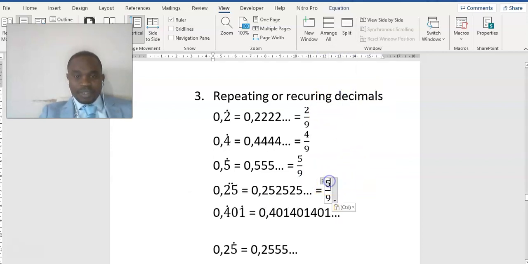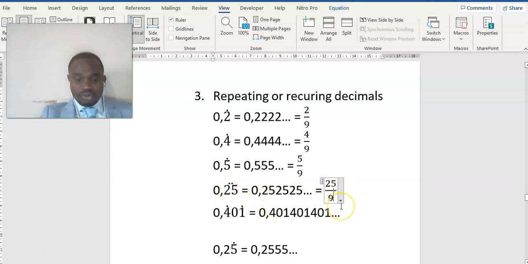The dot is at the top on 2 and 5, né? It's on both 2 and 5. So you must write them. So it's going to be 25 over... How many numbers are repeating? It's 2. 2 and 5. 2, 5, 2, 5, 2, 5. So 2 and 5 repeat.